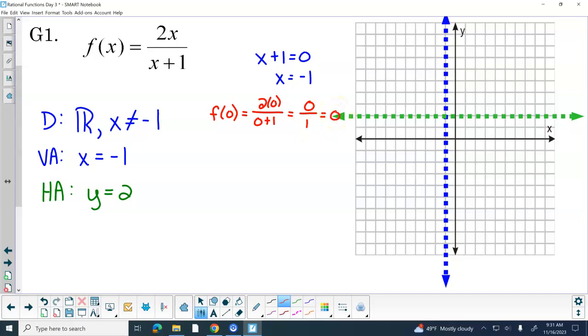So my y-intercept is 0, the point (0, 0). And then I can go right to my graph, and I can put a dot at the origin.